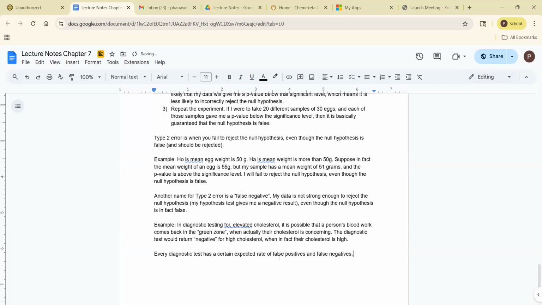And so if you are going into the medical field, this is actually one of the most important ideas from this statistics class. You need to be aware when you conduct a diagnostic test and you get a result, there is a chance that that result is wrong.